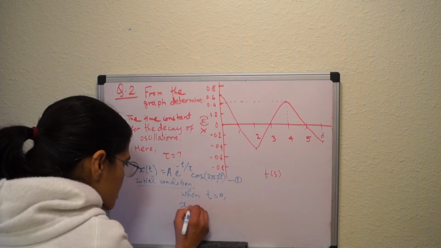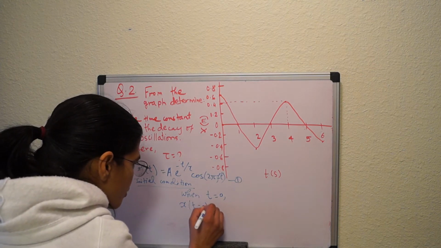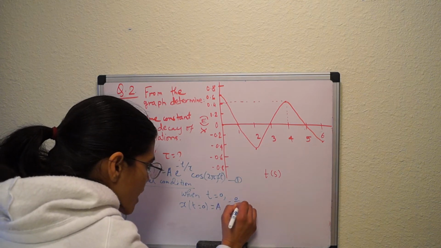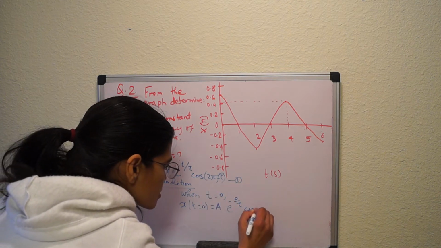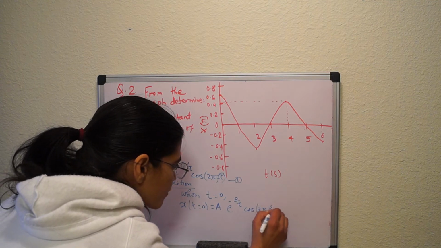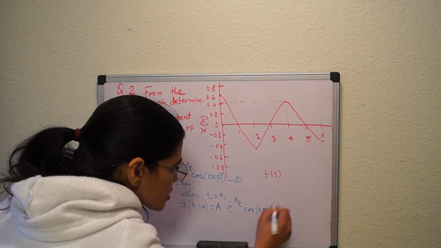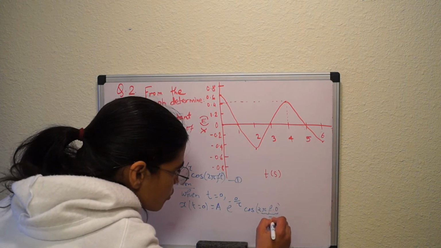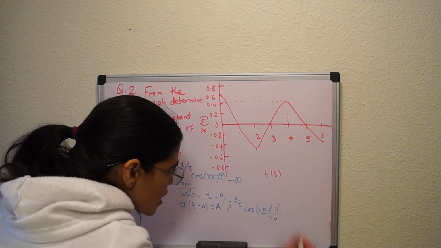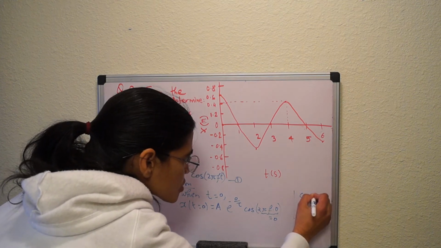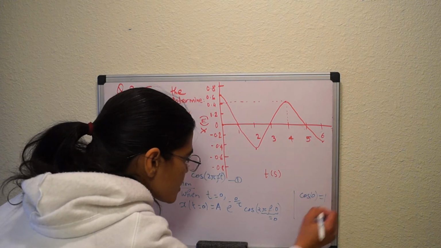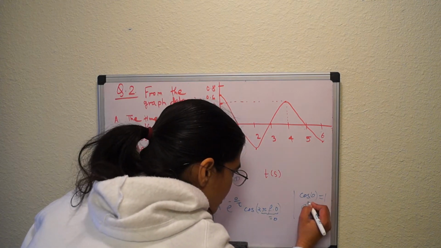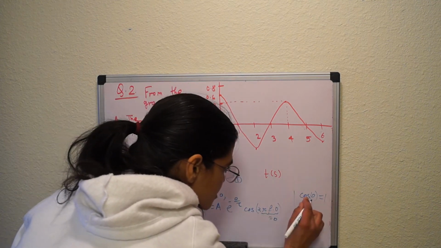At t equal to 0, we have A e to the power minus 0 by tau, and then cos 2 pi f times 0. So this quantity becomes 0. Cos 0 is 1, so this part is 1. And e to the power 0, that negative sign doesn't matter there.